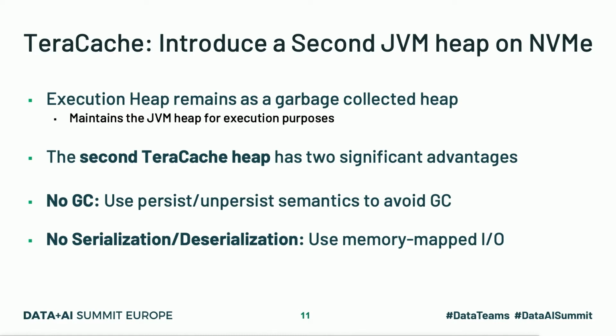So in our design, we have two heaps: an execution heap that remains a garbage collected heap, and we maintain this heap for execution purposes, while the second heap, the TeraCache heap, locates the cached RDDs and has two main benefits. It's not garbage collected, because we use the semantics from Spark of persist and unpersist operations. And also, we eliminate serialization and deserialization of the cached RDD objects because we use memory mapped IO.